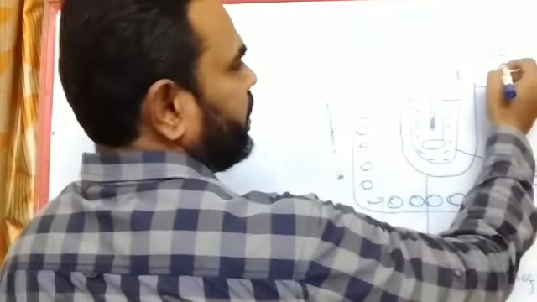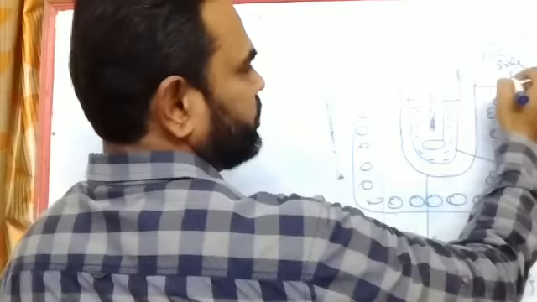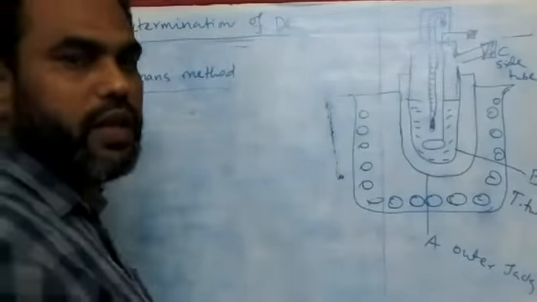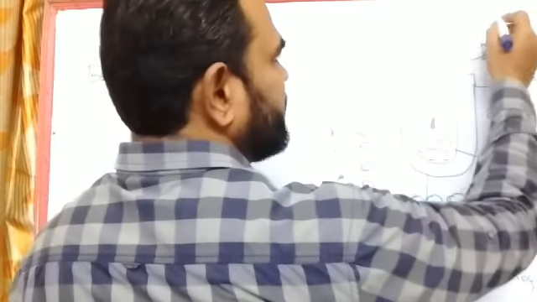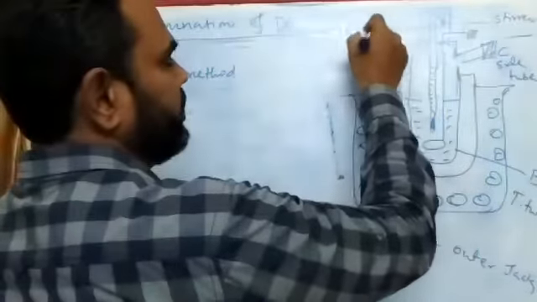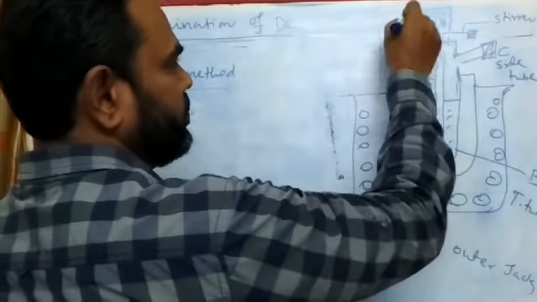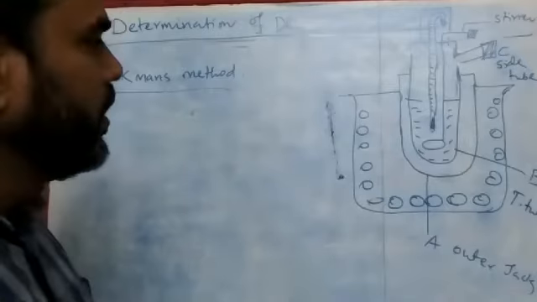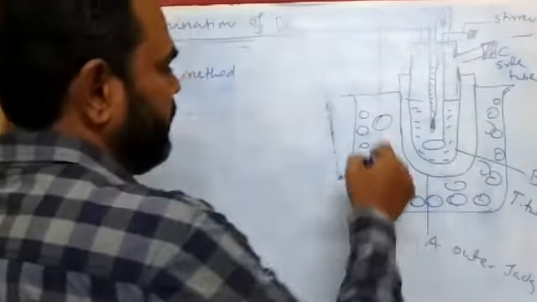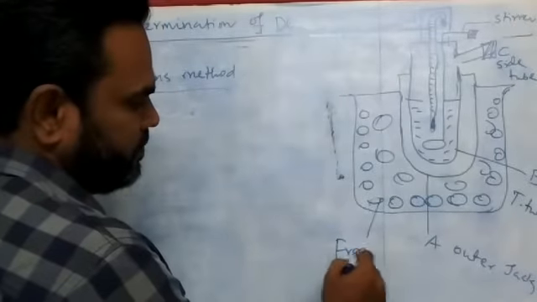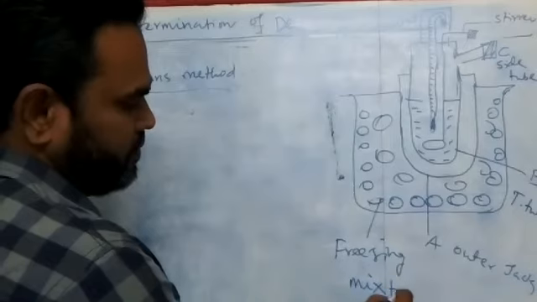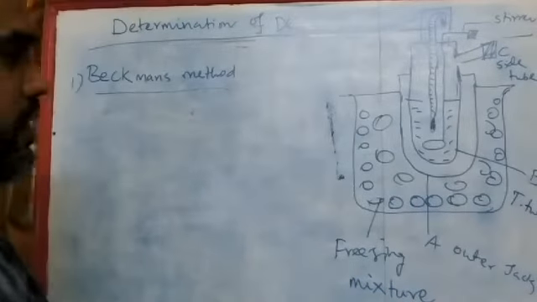C is the side tube through which we can drop some solute, this is the stirrer, this is the thermometer, and this is the setup. The whole setup is taken in a freezing mixture.